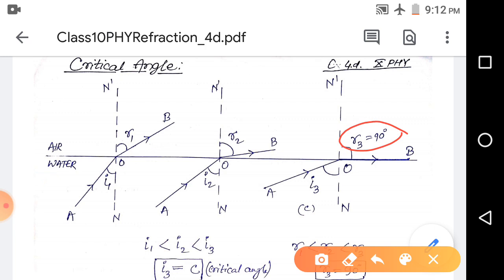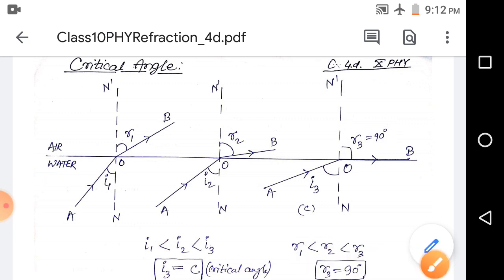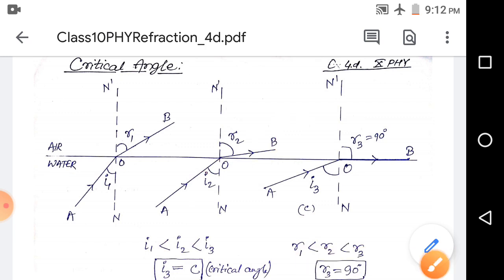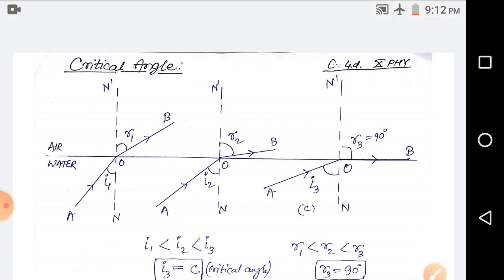That means whenever we take this condition, if we have this I2, and this one is not air, this is glass. So here for I2 we can get R2 which is equal to 90 degree, because here we have the greater refractive index, so the deviation will be larger as compared to this.